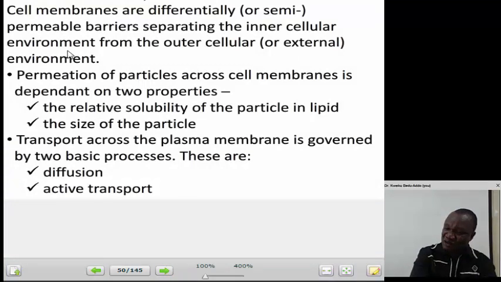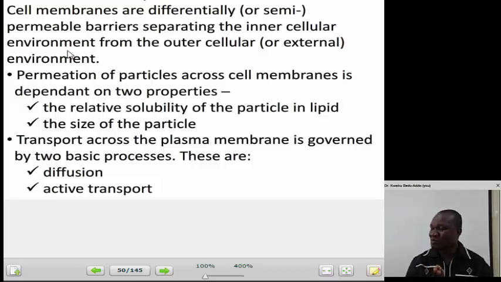Now, this afternoon, we are going to start our lecture by looking at membrane transport. That is how substances are ferried across the membrane. Mind you, we said that the fluid compartments, intracellular and extracellular, are separated by a plasma membrane.